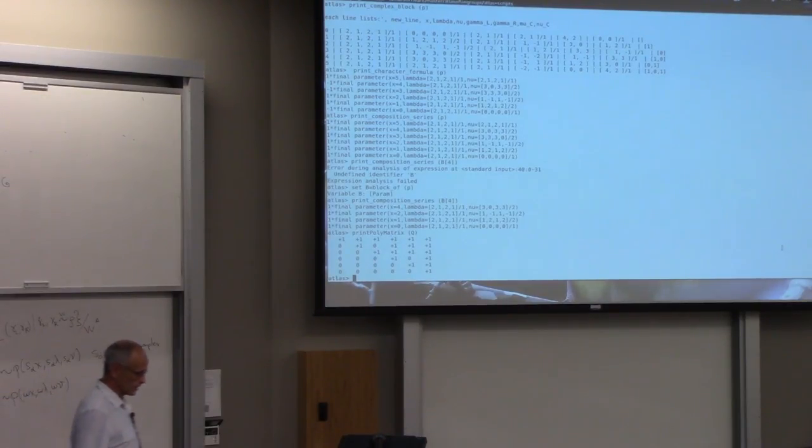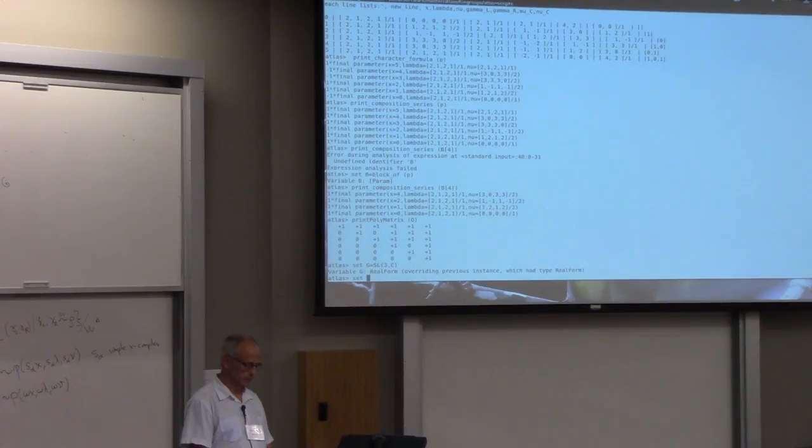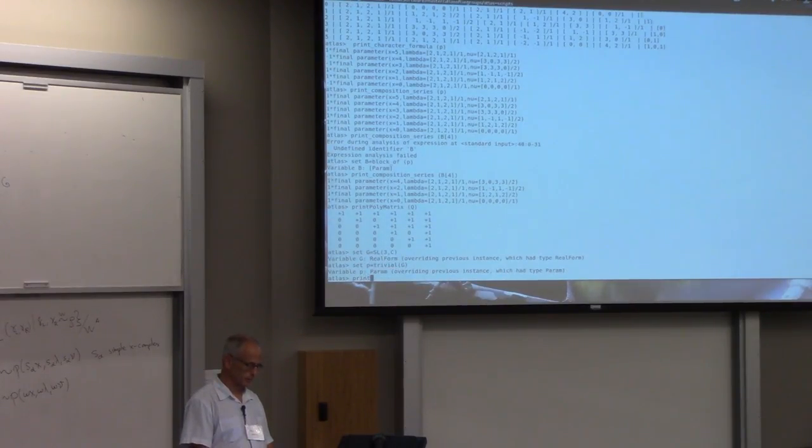All right. Okay, so let's set G equal to SL3C. P is the trivial of G, and print volume matrix.